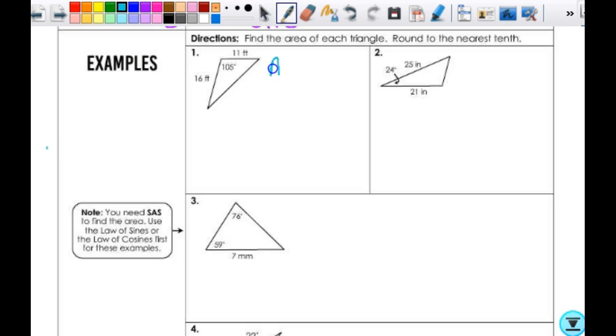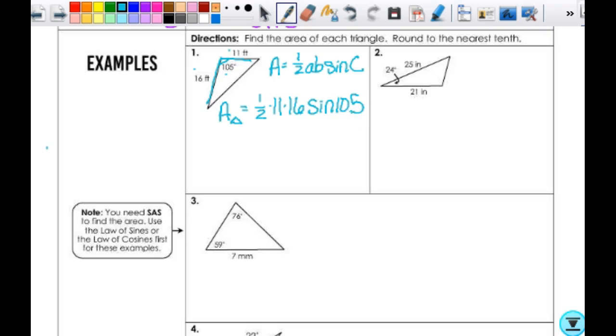My formula is 1/2 A times B times the sine of C. I have a side angle side situation here. So this can be A, this can be B, this can be my angle C. So I just substitute that in and I get 1/2 times 11 times 16 times the sine of 105.